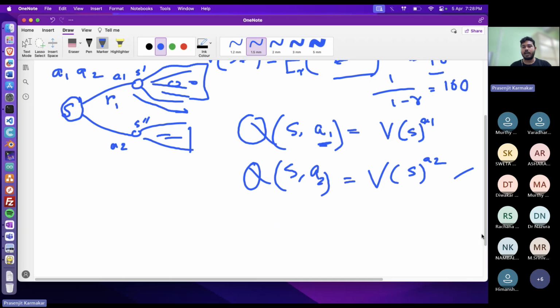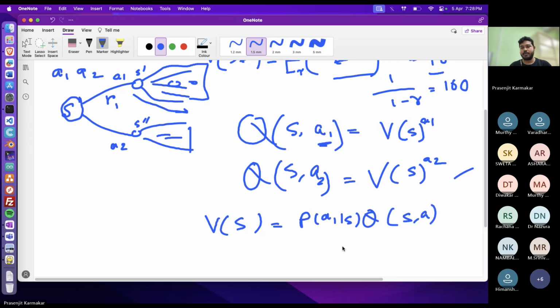Okay, so your value function can be written like this. It is the probability of taking A1 given S times Q(S, A1), plus the probability of A2 given S times Q(S, A2).